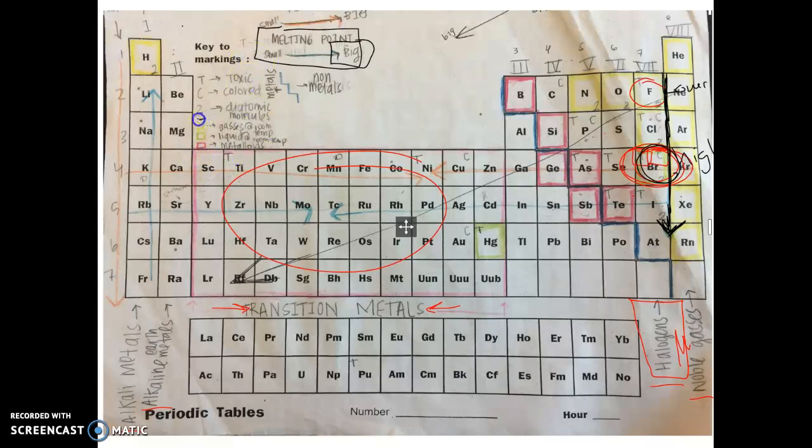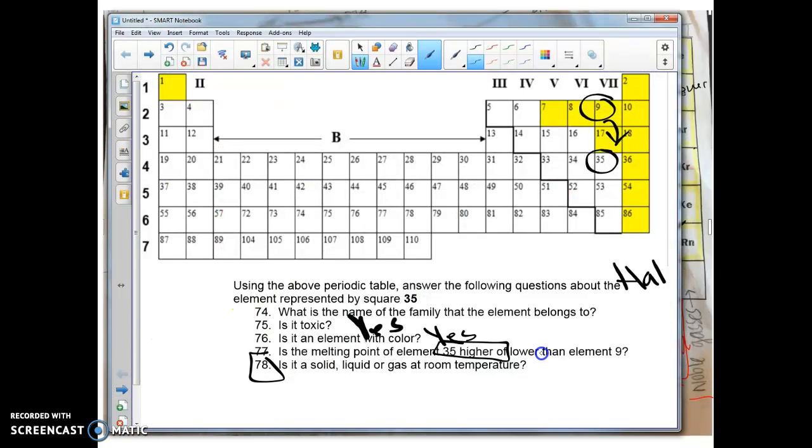You will notice that they've put gases as yellow, so it's not something that's yellow. Liquids is green, and it is really hard to see, but there is green under all that. So Br, or element 35, is a liquid at room temperature. So that's how you would do those.